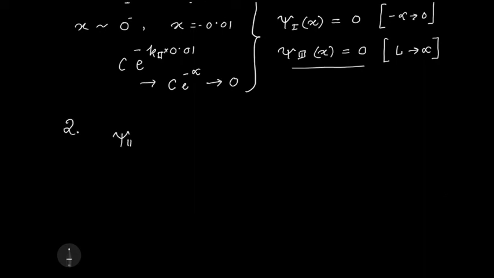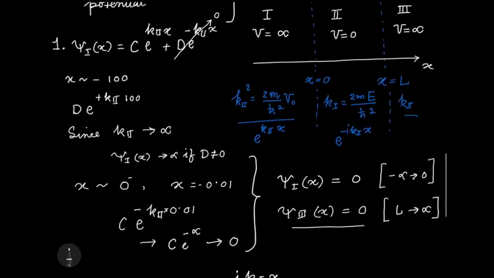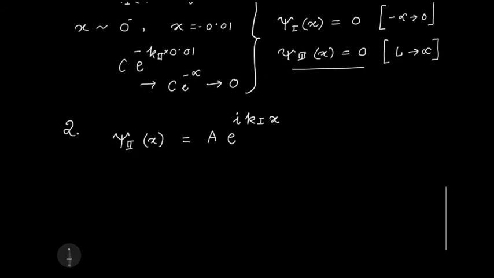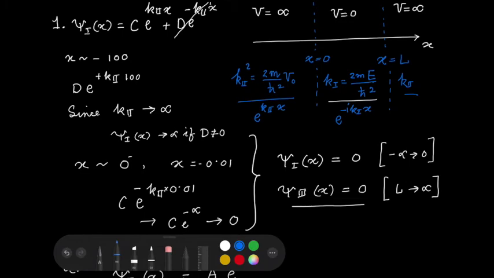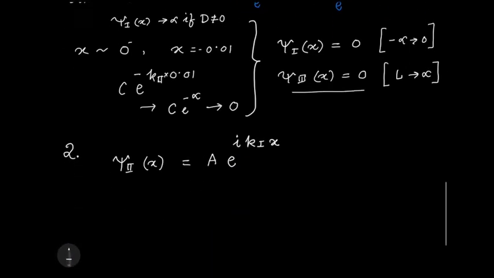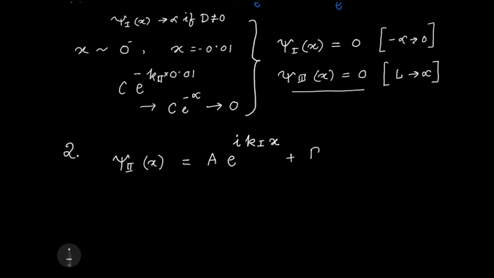Let's call this psi2. Psi2x, as we said, is exponential: A e to the I k1x plus B e to the minus I k1x.